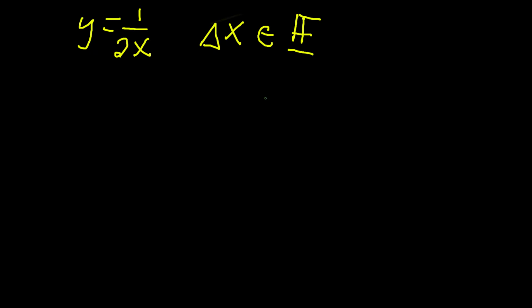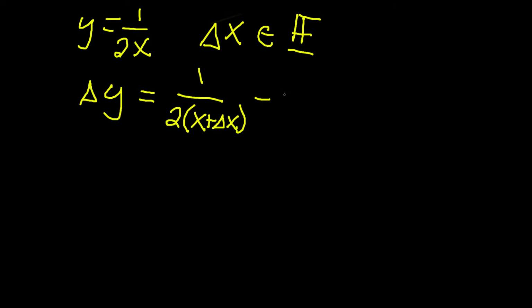And so first we're going to compute what the change in y is. So delta y would be 1 over 2 times the quantity x plus delta x minus 1 over 2x. Now this rational expression, we're going to simplify.